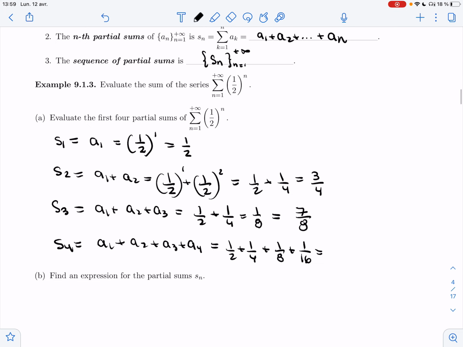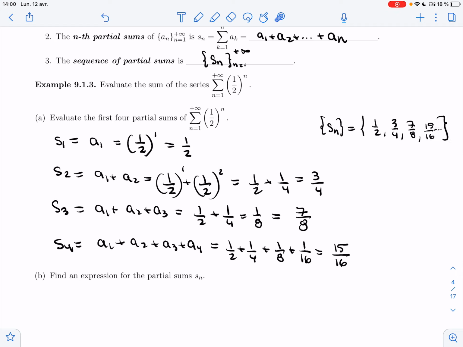And so you would get 15/16. All right, so the sequence of partial sums would start with 1/2, then you'd have 3/4, you'd have 7/8, and you have 15/16. And it keeps going forever.